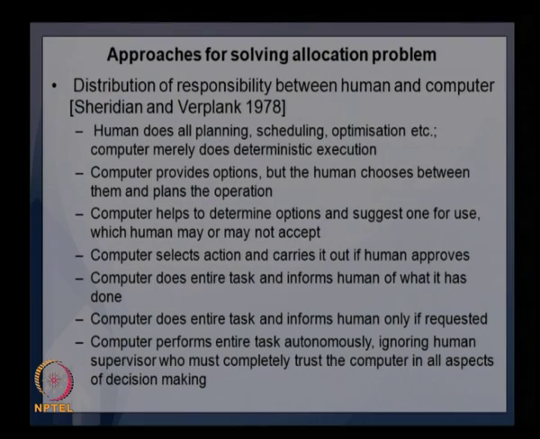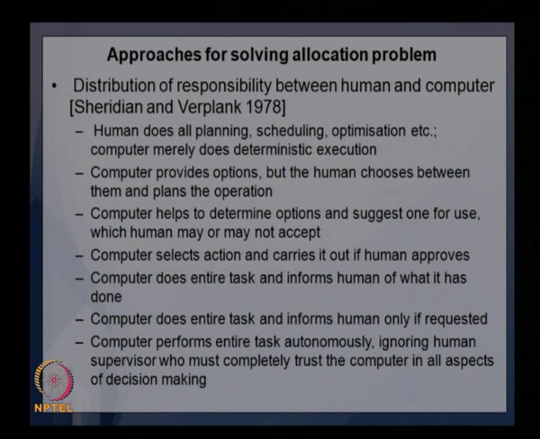That comes from the understanding of the system performance objectives as well as the development objectives. Based on that, the designers can decide how to allocate these functions to machines or computers. One of the principles used for this is known as distribution of responsibility between human and computer. That is the first. This was proposed by Sheridan and Verplanck in 1978. Of course, things have changed a lot during the last 40 years or so, but this gives a very general idea of the different ways in which we can allocate the function, from depending fully on the human being for most tasks to the level where complete autonomy is given to the computers to carry out the task.